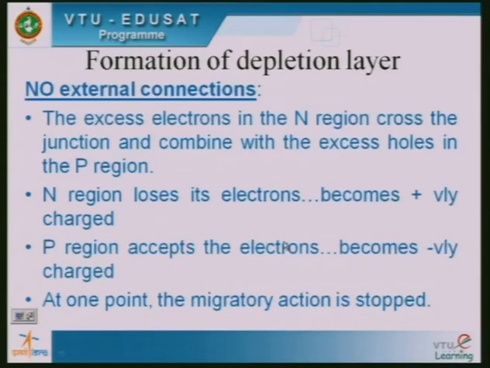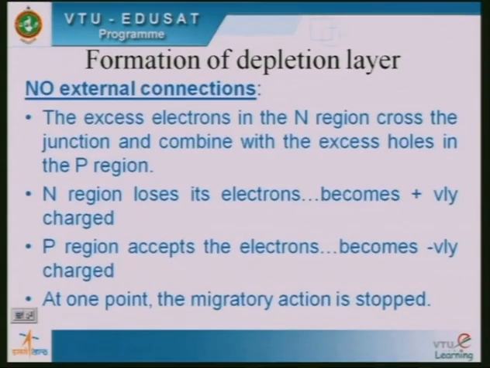Let us see how a depletion layer is formed in a semiconductor diode, when there is no external connection, no battery connected. The excess electrons in the N region cross the junction and combine with the excess holes in the P region. The N region loses its electrons and becomes positively charged.